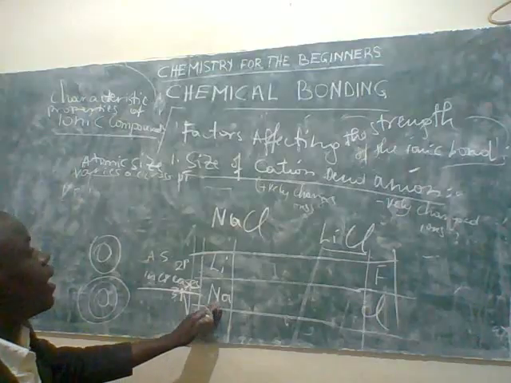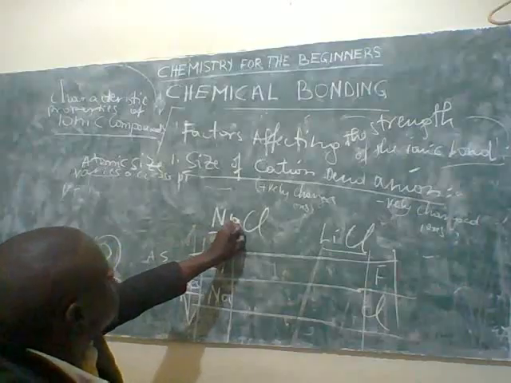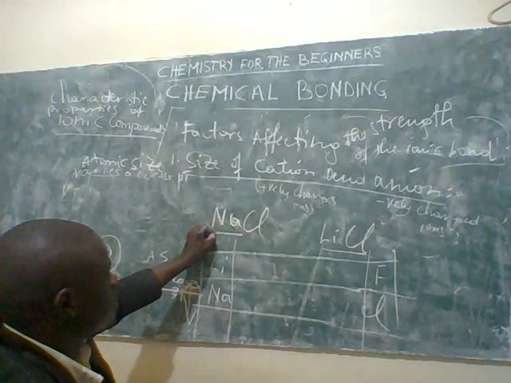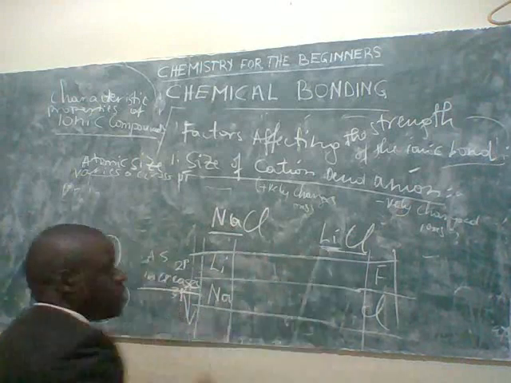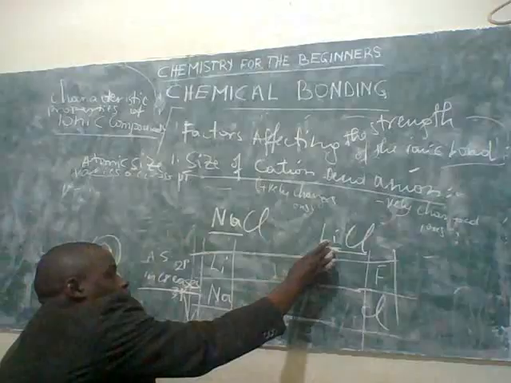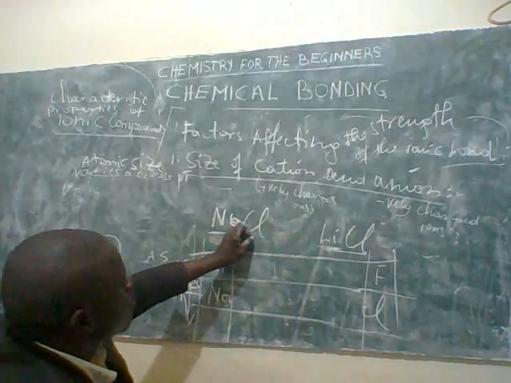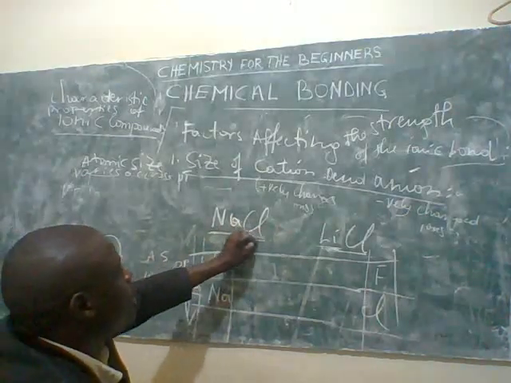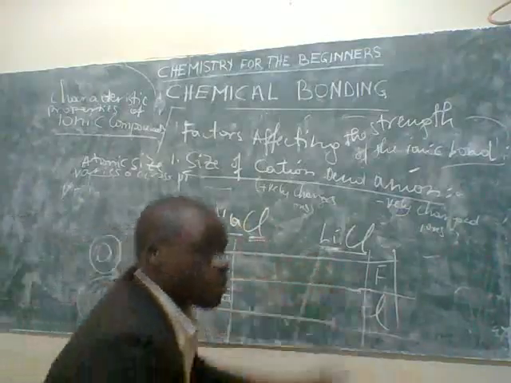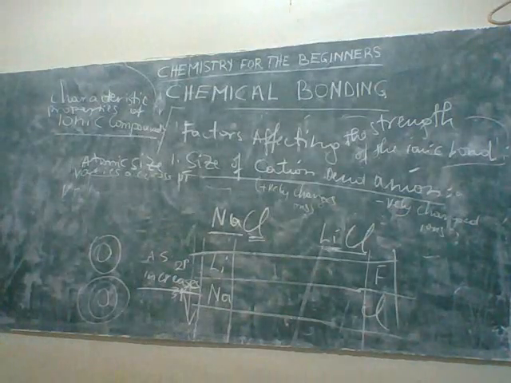You will make sure you explain that the one with the bigger cation atomic size will be more ionic compared to the one with the smaller atomic size as a cation. Remember that here they compared these two of the first family, which have combined with the same element, which is chlorine. That's one thing I can tell you.